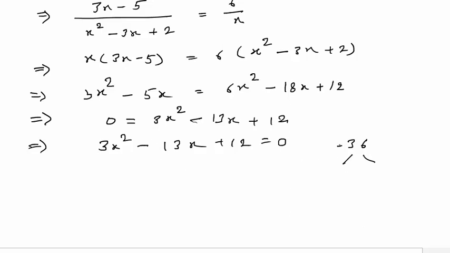Now, if you have a into c as positive term, so their factors will be either both positive or both negative, as your product should be a positive one. So minus 13 if I want in addition, so both the factors should be negative. So 36 I factorize and see how I can arrange them so that I will get minus 13 as the answer.